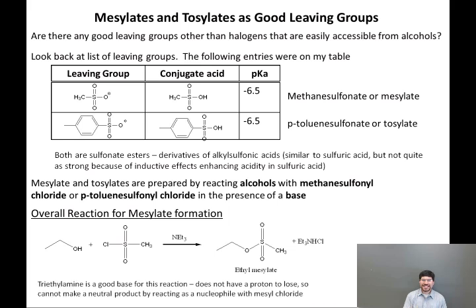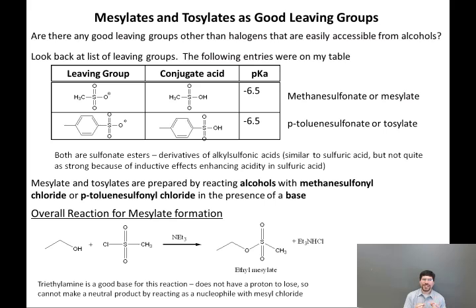And the base that is used, a good base to be used in this reaction, is triethylamine. First of all, it's not aqueous, so water as a nucleophile would react with methane sulfonyl chloride and destroy it. So you need a base that's soluble in organic solvents, and furthermore, it's not going to be a competing nucleophile to react with the mesyl chloride because it does not have a proton to lose.